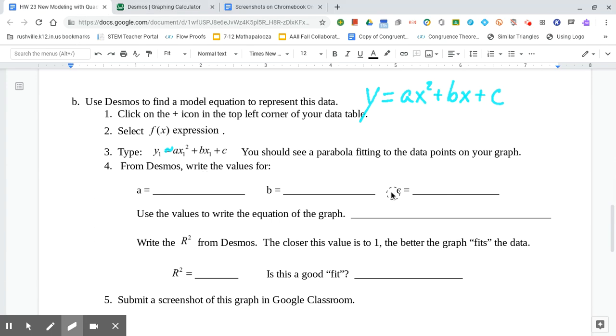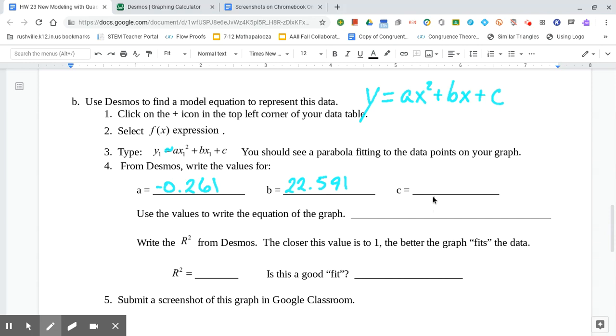Those A, B, and C values we're going to record, and let's just round those to 3 decimal places, just for the simplicity of it all. So negative 0.261 was the A value. B should have been 22.591.